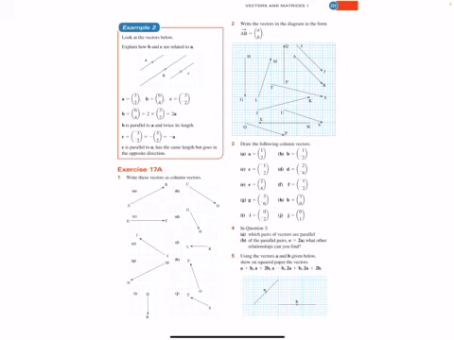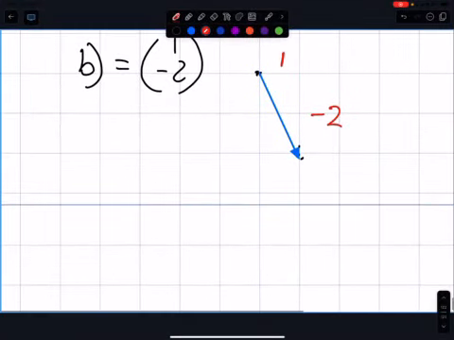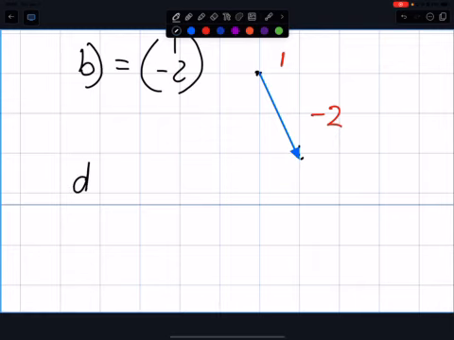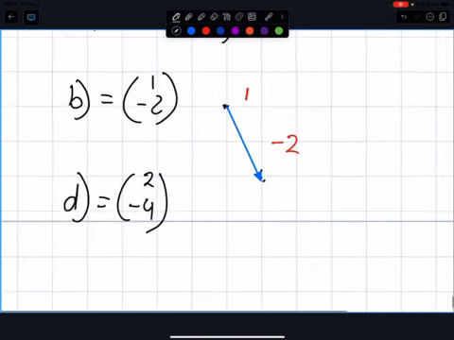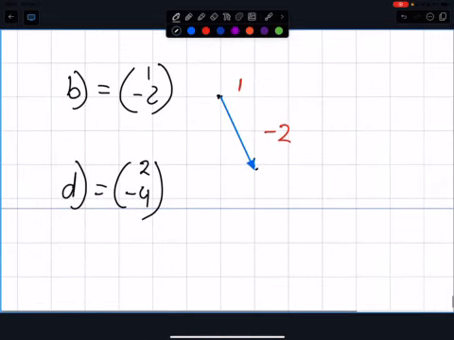D, 2, -4. I'm going to draw it on top of it.